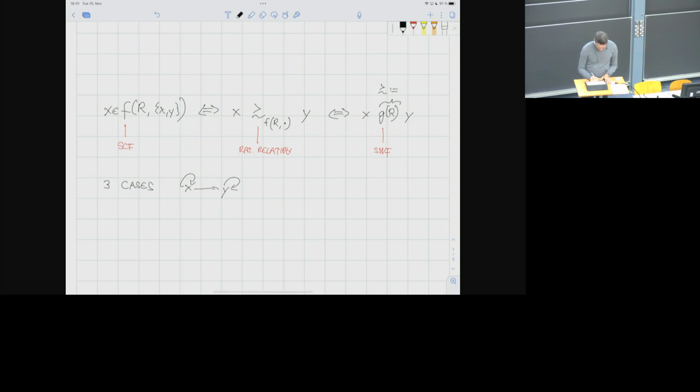Then, for instance, it could be that x is strictly preferred to y, or it could be that y is strictly preferred to x. And the third possibility is that this person is indifferent between y and x. So these are the three cases we have here.